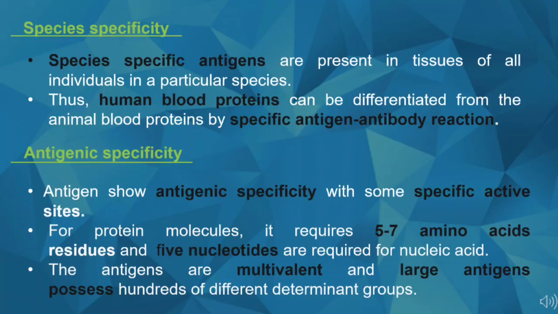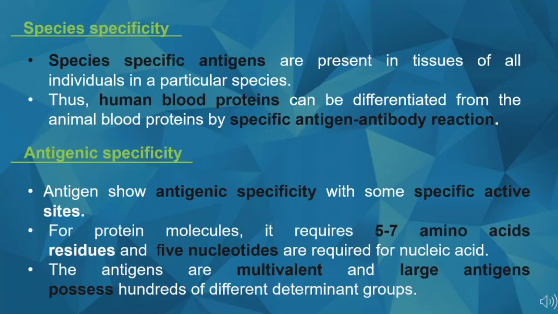And the next is species specificity. Tissues of all individuals in a particular species possess specific antigens. The specific antigen-antibody reaction of a human blood protein can be differentiated from animal blood protein.